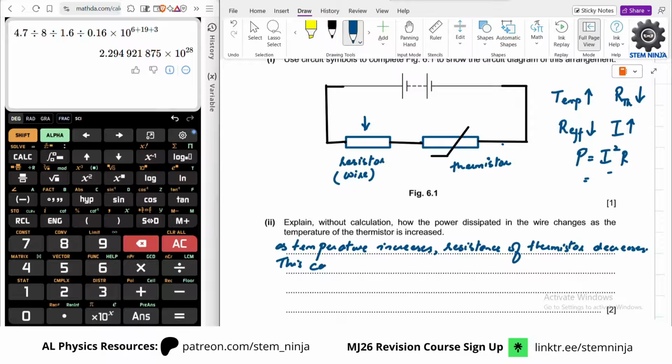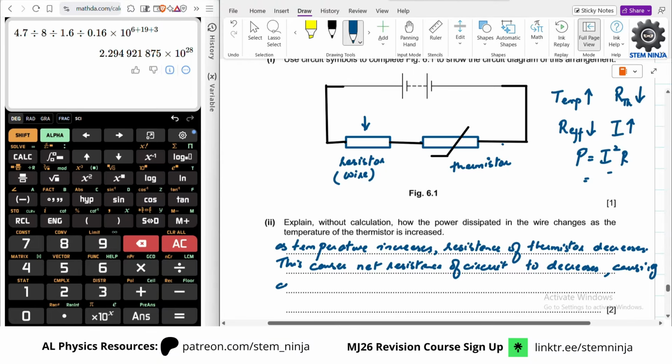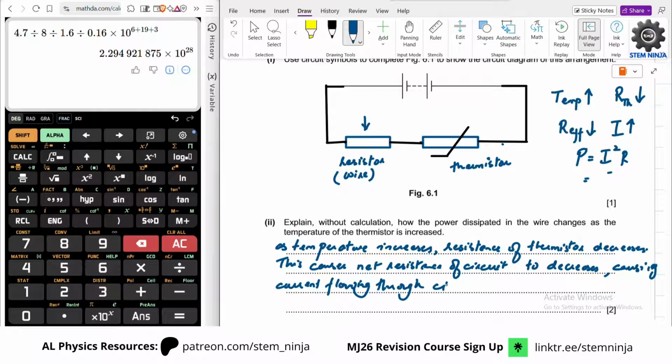This causes net resistance of circuit to decrease, causing current flowing through the circuit to increase.